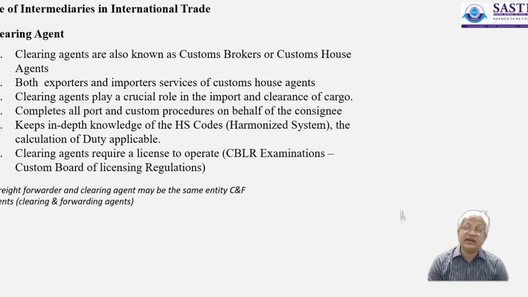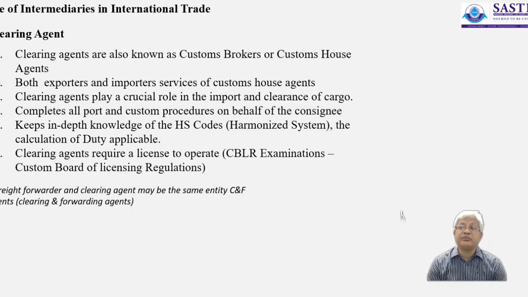So, clearing agents play a very crucial role in import and clearance of cargo. They complete all the customs procedures on behalf of the consignee, that is the importer. Consignor and consignee are the words used in the shipping domain.